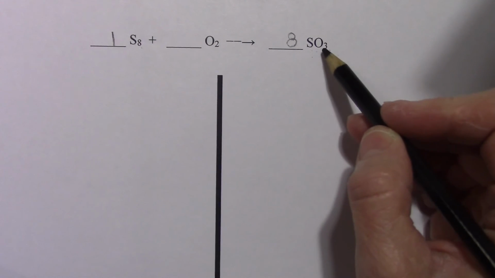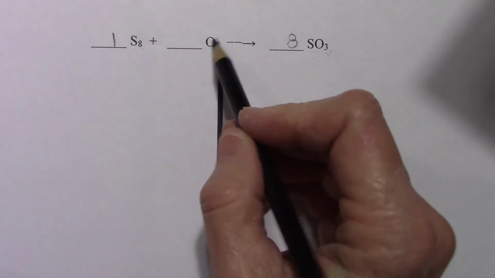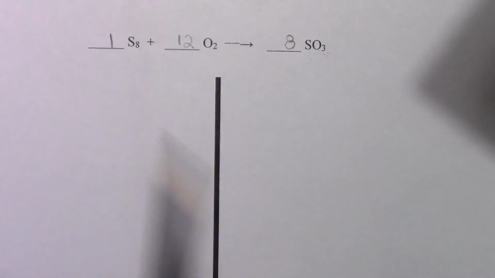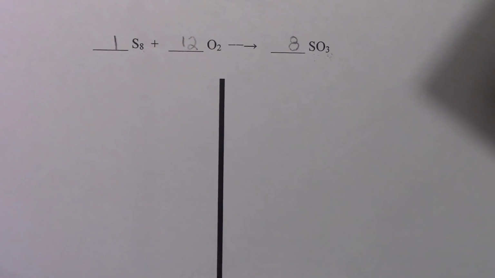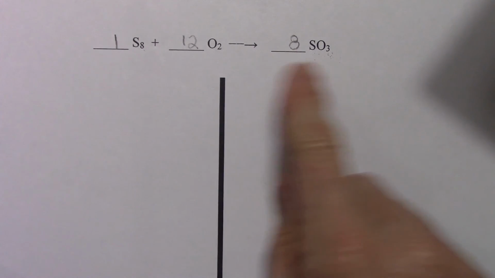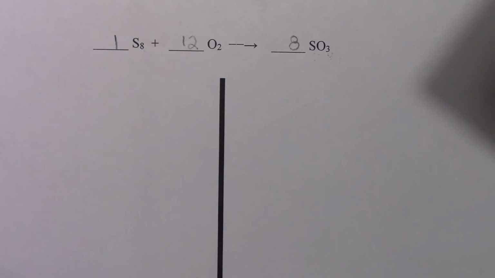I have 8 of them, which gives me 24, and so that means I will need to have 12 of the O2s. Because I had 24 total over here, so 12 times 2 gives me the 24.